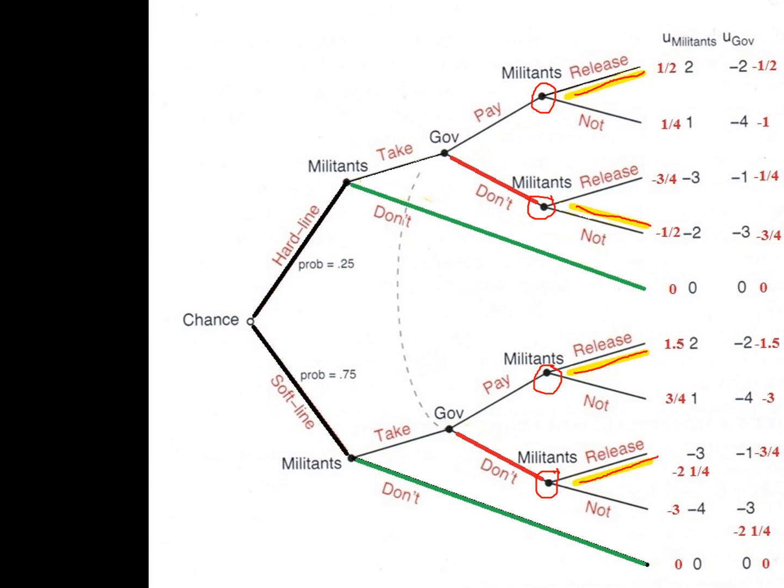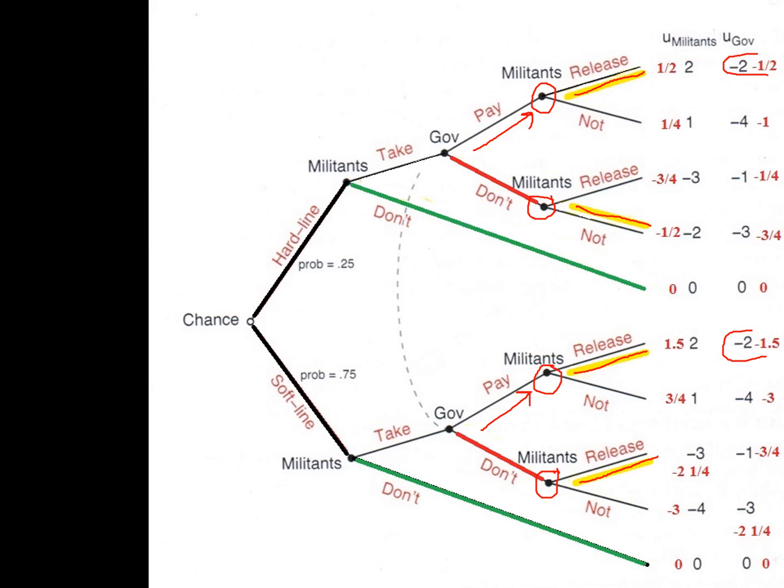So since the payoffs have already been multiplied by the probabilities of being soft or hardline, the government payoffs are simply the average of the decision to pay versus the decision not to pay. So the decision to pay for both the soft and the hardline terrorists, this is the pay line, and you simply follow it down to the government's utilities over here, following the paths as indicated by Zermelo's theorem.